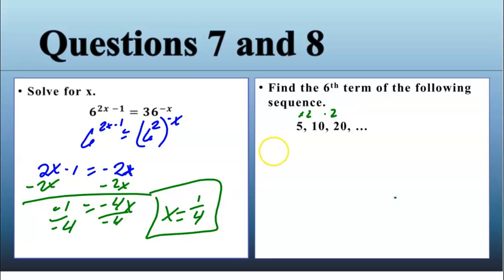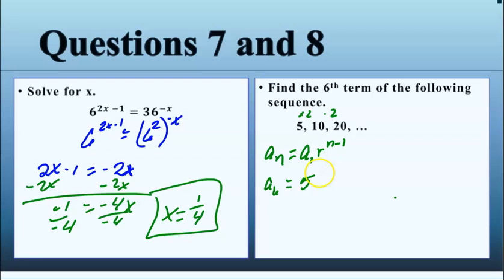So we're going to use the formula a subscript n equals our first term times the common ratio raised to the n minus 1 power. So we want to find the sixth term when the first term is 5, the common ratio is 2, and we're going to find the sixth power, so 6 minus 1. So this is going to give us the sixth term. It's going to give us 160.